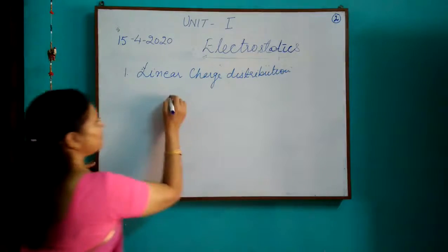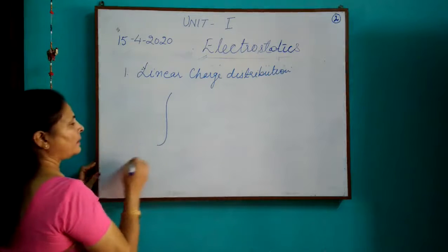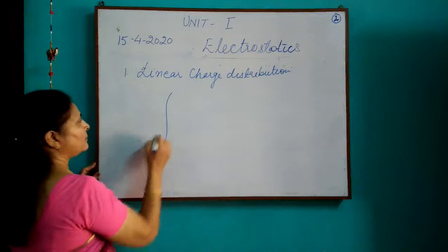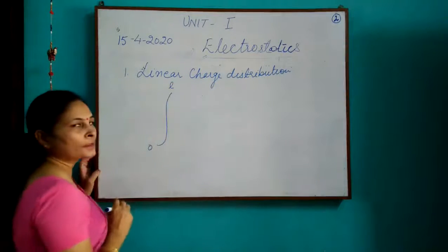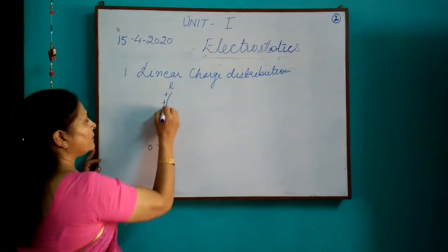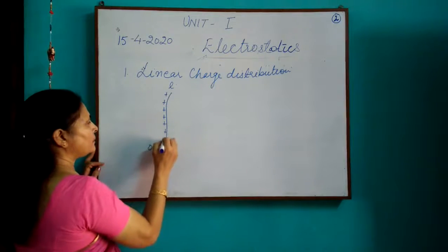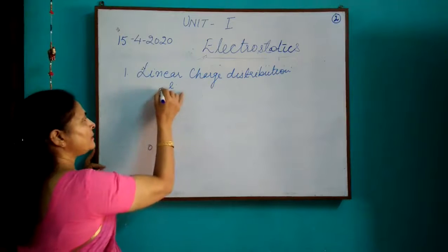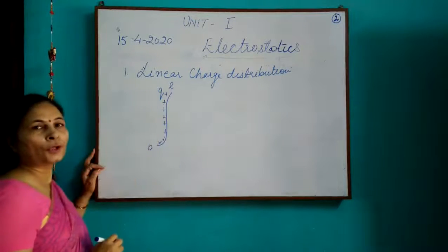Suppose the charge is distributed over a line of given length, say 0 to n, like this, and the charge is continuously distributed and the charge is Q.